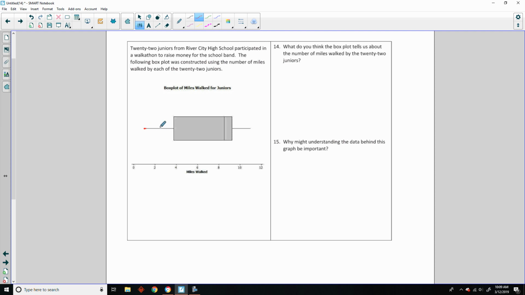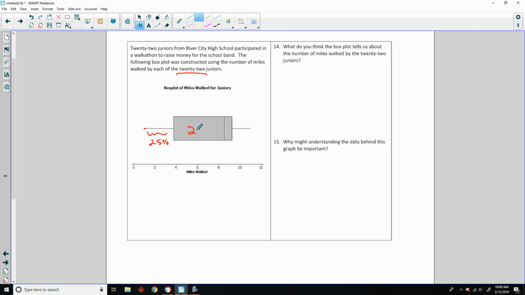And then 25% walked 1 to 4 miles. So 25% of the students, a quarter of 22? Well, a quarter of 20 is 5. So about 5 or 6 students walked 1 to 4 miles.